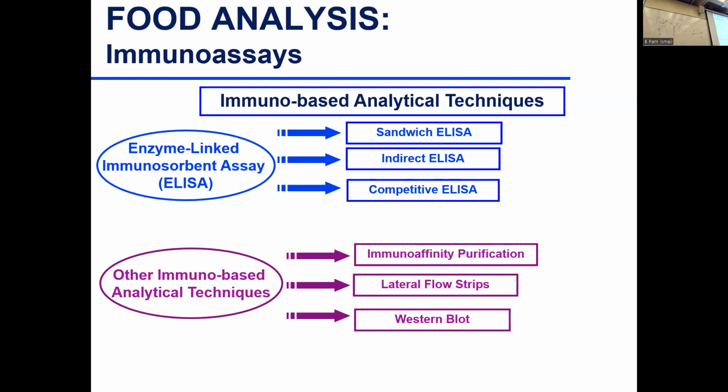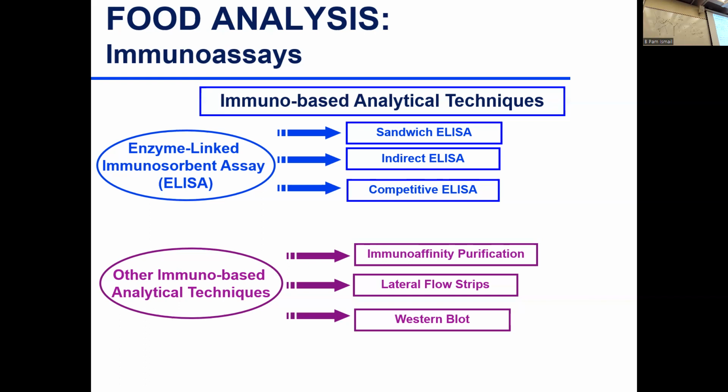Have you heard about ELISA? In which class? Biology, microbiology. Okay, great. So we have different types of ELISAs. We have the sandwich ELISA, most common to use. We have the indirect ELISA, which is a sandwich ELISA, but I'll tell you why it's indirect.